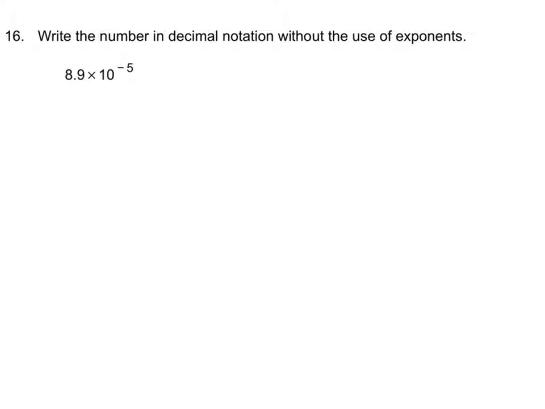If we look at the exponent, we have a negative number. This tells me that my final solution is going to be small. So to make small numbers, we need to move to the left. Again, this is the opposite of what we did when we converted to scientific notation.